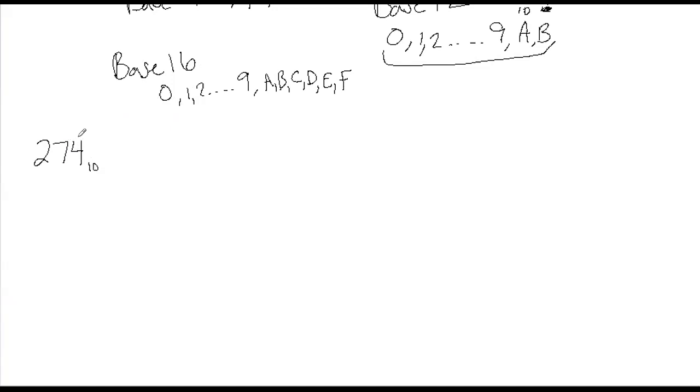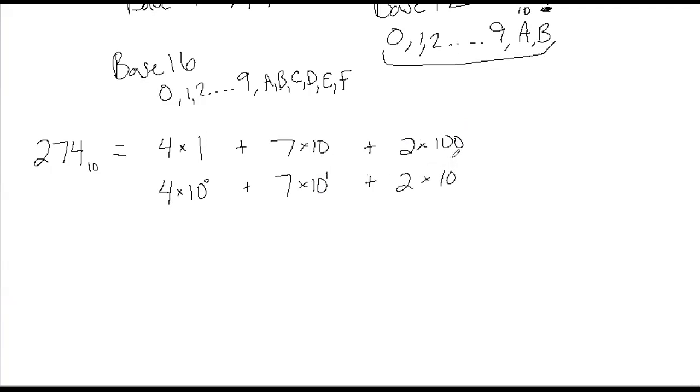So if we have 274 in base 10, that's the normal 274 that we think about, we could write it out in exponential form and say that it's 4 times 1 plus 7 times 10 plus 2 times 100. And in exponential form, we could say 4 times 10 to the 0, because that's the same as 1, 7 times 10 to the 1, and 2 times 10 squared.